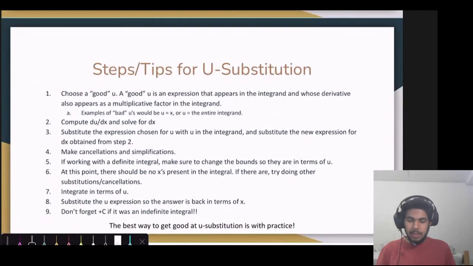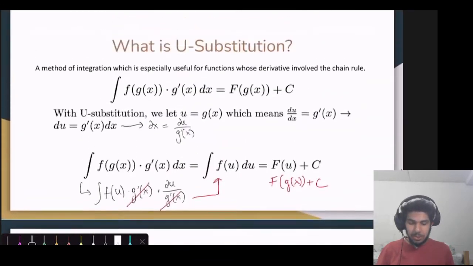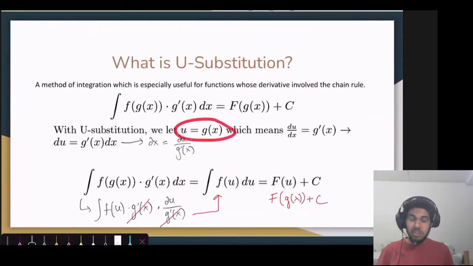And I said that a good u is basically an expression that appears in the integrand and whose derivative also appears as a multiplicative factor in the integrand. So let's take a look back here. U equals g of x was a really good choice for a u, and we'll check the two criteria.